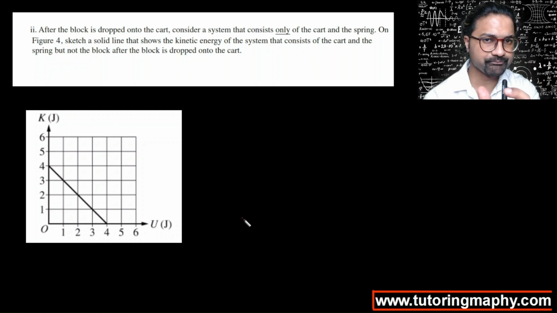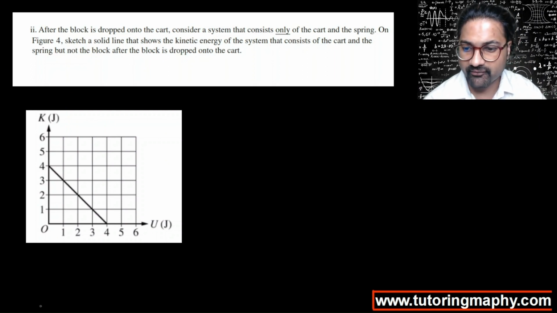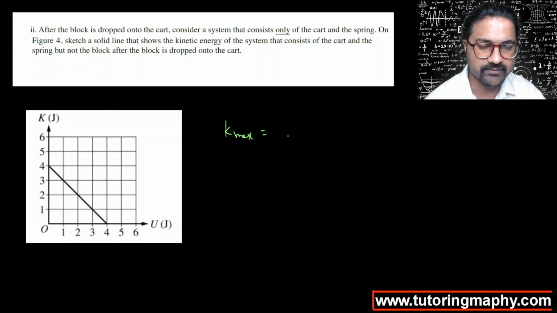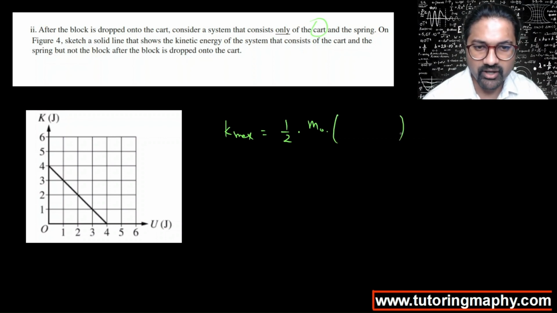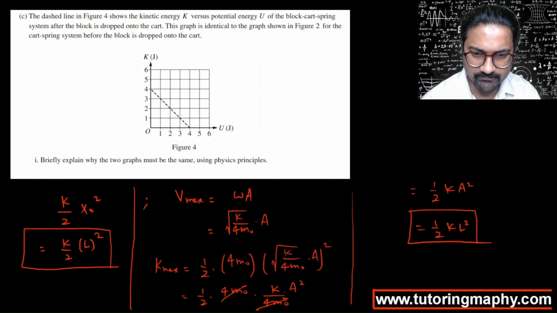At equilibrium, obviously there is no spring energy, so it's the maximum kinetic. If we find the value of the maximum kinetic energy, it's going to be half. Now the mass will be m naught, because remember we are only taking the cart, not the block, and the block was 3m naught, which is ignored. So m is m naught, while v remains the same, because both the cart and the block have the same velocity.